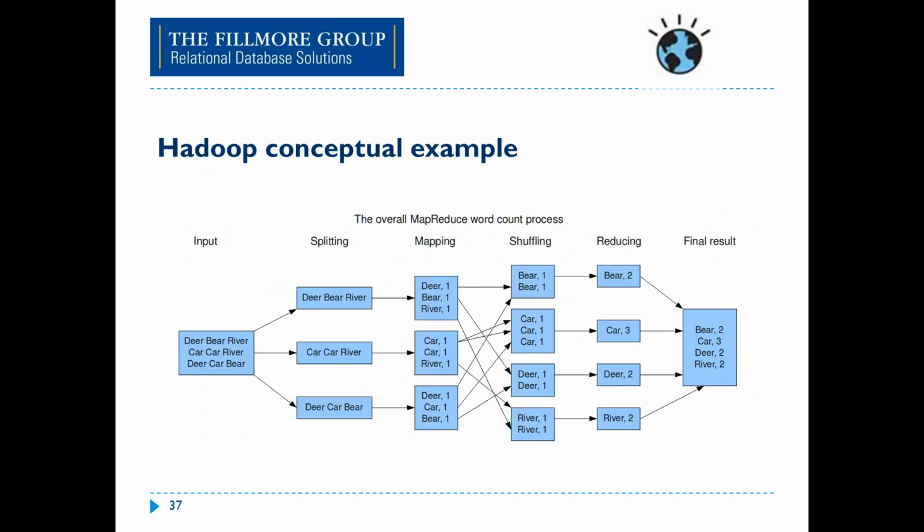The data is shuffled so that like records or homogeneous records are assembled together, and then they are reduced so I can see that across all of the different records coming in, I had 2 bears, 3 cars, 2 deer, and 2 rivers, and I'm passed back a final result. This is conceptually what's happening with Hadoop.